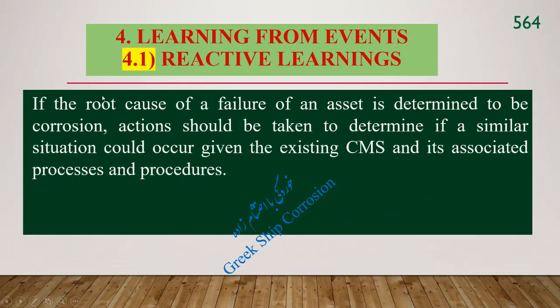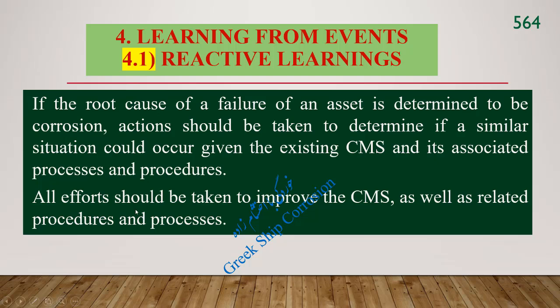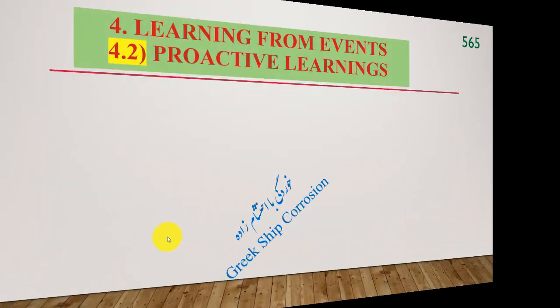If the root cause of a failure of an asset is determined to be corrosion, actions should be taken to determine if a similar situation could occur given the existing CMS and its associated processes and procedures. All efforts should be taken to improve the CMS, as well as related procedures and processes.